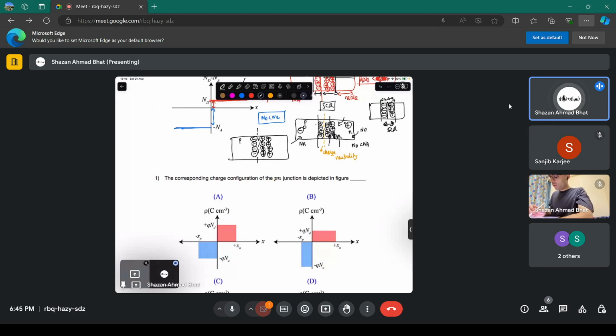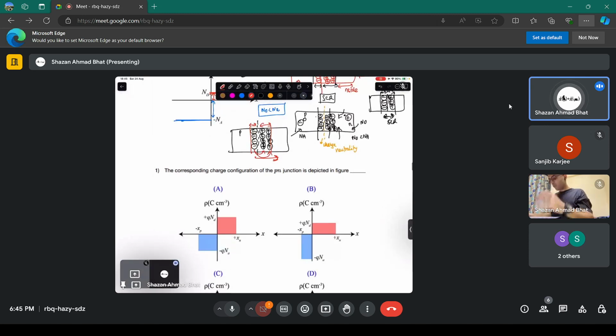The neutrality has to be maintained, so in order to neutralize the negative charges, they go deeper into the N side to balance them. That's why this region spreads on the N side more as compared to the P side.